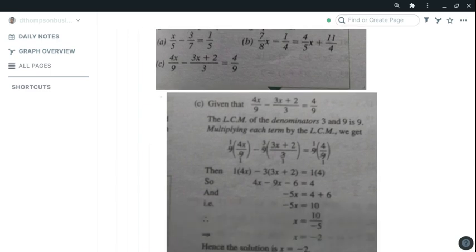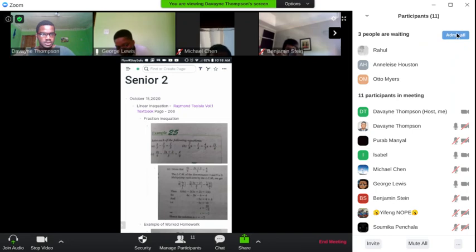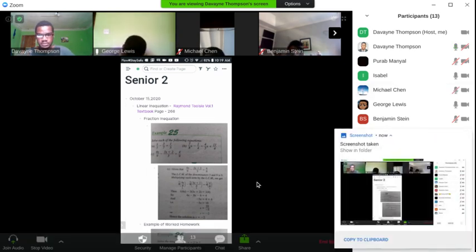Write the whole sentence: given that 4x divided by 9 minus 3x plus 2 divided by 3 is equal to 4 divided by 9.